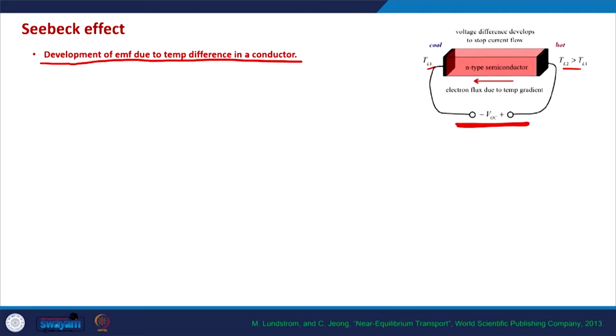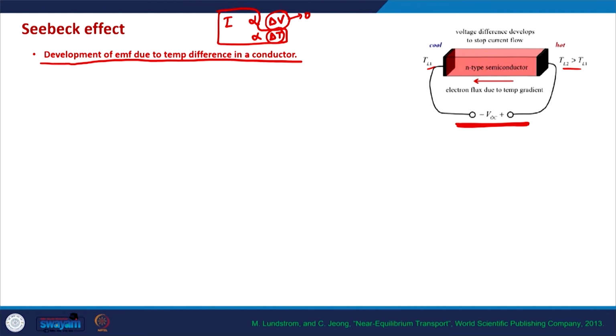And now with the background that we have seen, this is not something unfamiliar, because what we have seen is that the charge current is directly proportional to delta V as well as delta T. So even if we do not have any applied voltage, even if this is 0 and this is non-zero, in that case there will be a non-zero current, which means the electrons will flow because of the temperature difference.